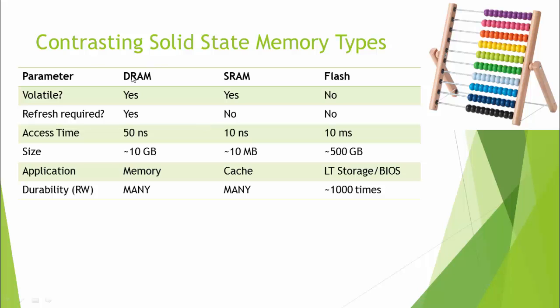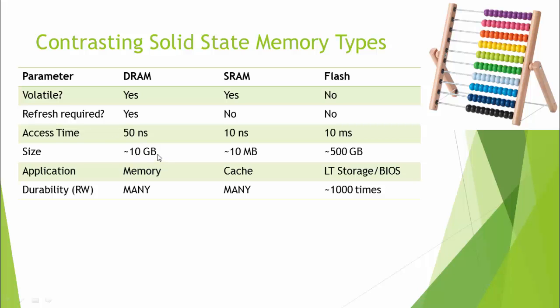So dynamic RAM is volatile. It requires power to retain the information. It also has to be refreshed about 1,000 times per second. It can be accessed very quickly, about 50 nanoseconds to retrieve a bit.